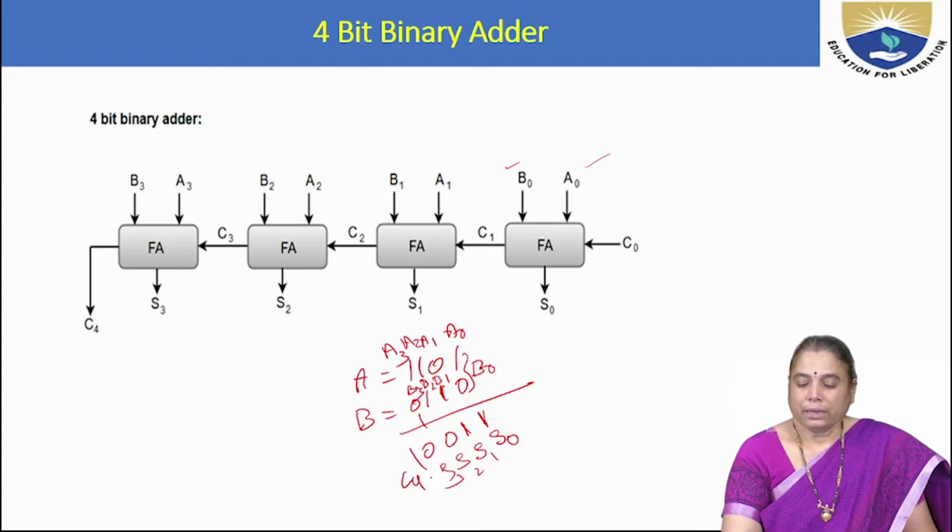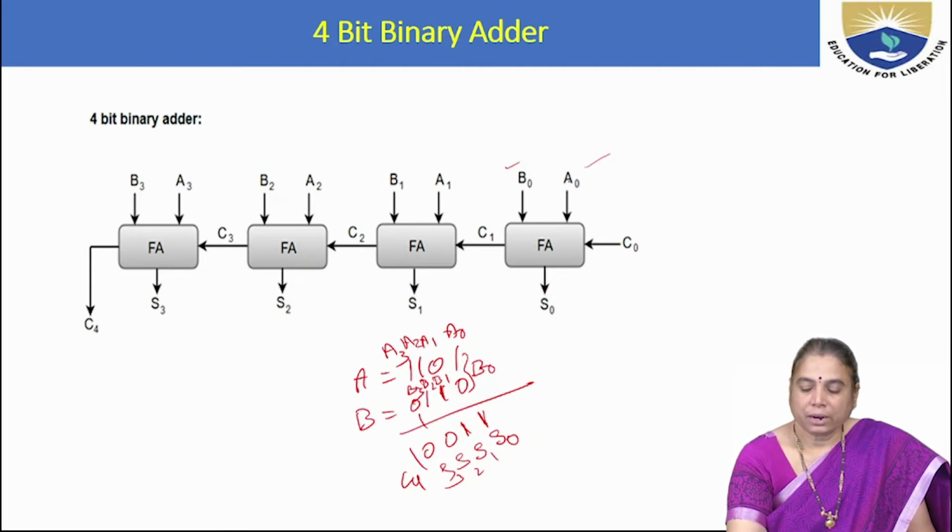Okay, so here the first full adder has to take the 0 bit of the A register and the B register. Carry can be initially 0. So this full adder can take these 3 inputs and produces the S0, the sum value, and the carry, if any carry is produced, that is represented as C1 and can be given to the next full adder.